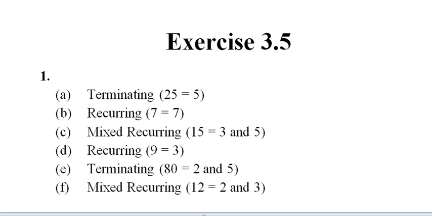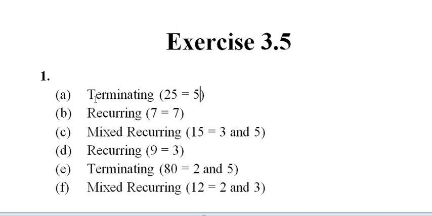Okay, so here in question number 1a, we can see that the denominator is 25 and it has a factor of 5. 5 multiplied by 5 is 25. You know that 5 into 5 is 25, so I'm not repeating the same number, I'm just writing 5. So 5, either 5 or 2, it will be terminating, isn't it?